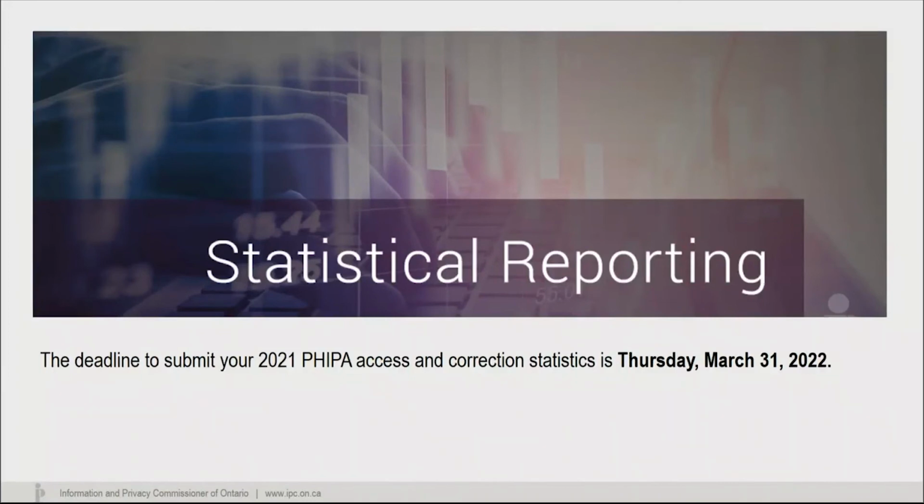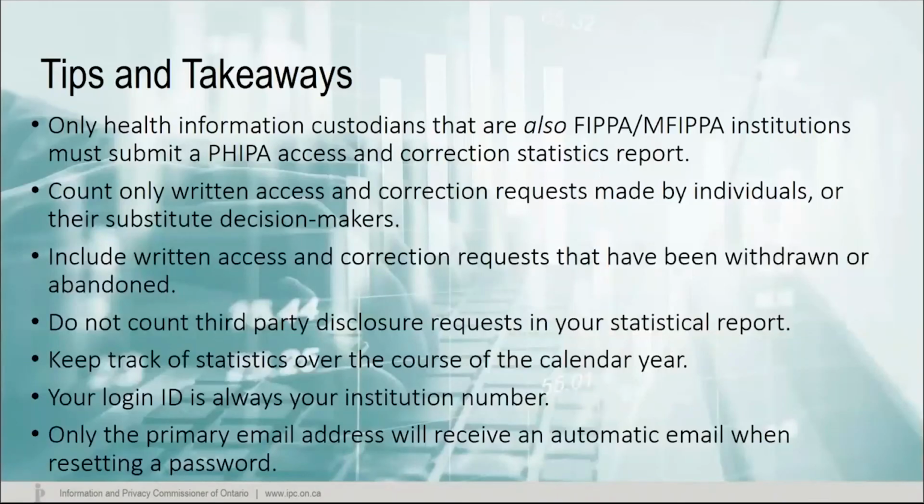Okay? So some tips and takeaways, just to summarize here. Again, only health information custodians that are also PHIPA or MPHIPA institutions must submit a PHIPA Access and Correction Statistics report. Custodians in private practice are not required to submit a PHIPA Access and Correction Statistical report.